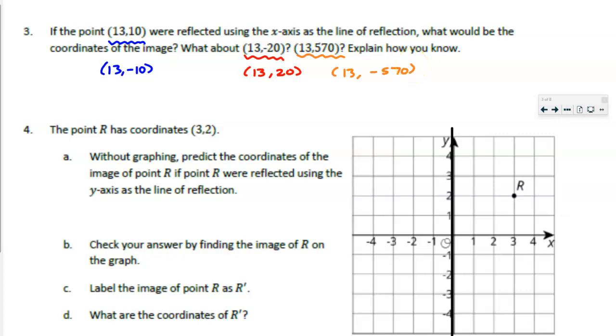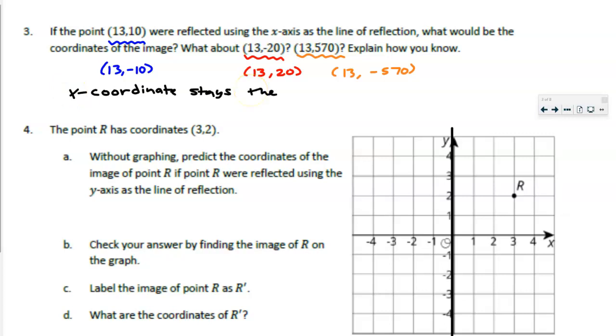We didn't need tracing paper. We didn't need a graph. How did we do that? Adia. Great. So if I'm reflecting over the x-axis, that means the x-coordinate is going to stay the same.